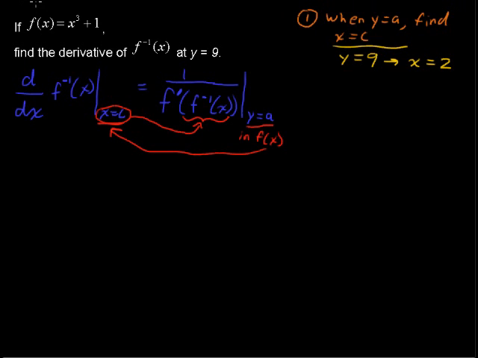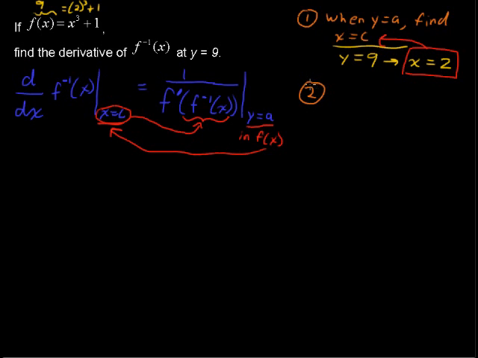So if this is 9, then we're going to have to plug in 2 for x to make that a true statement. So x equals 2, this is our c value. This is what we're going to hold on to for one of our last steps.